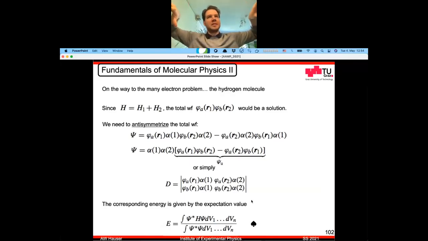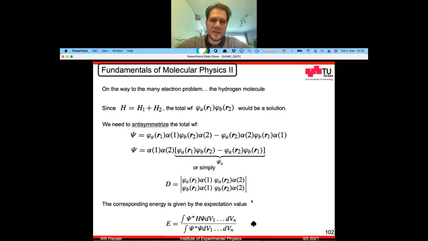So if we have it sufficiently far apart, then the Hamiltonian that is relevant is just H1 plus H2. Because all these coupling expressions are not contributing anymore because the distance between the particles is so large. And in this case, then the simple product function phi A times phi B would be a solution of this Hamiltonian at large distance.